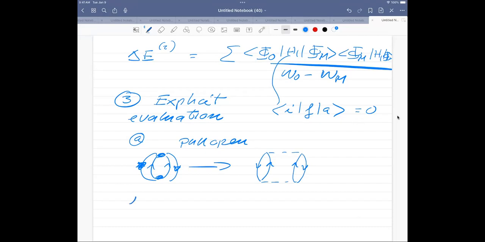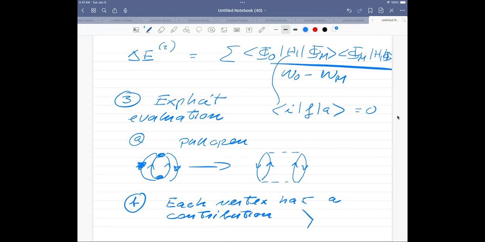Then when you do this, the next point is that each vertex, each two-body vertex, has a contribution which looks like this, or if we have a one-body term, which looks like this.